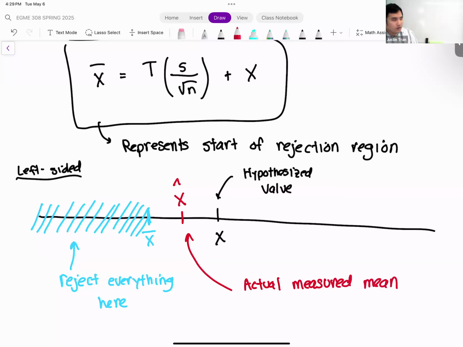In this case, our actual mean is less than our hypothesized value, but it's not quite in the rejection region. So even though our measured mean is less than the hypothesis, it's not enough to reject.